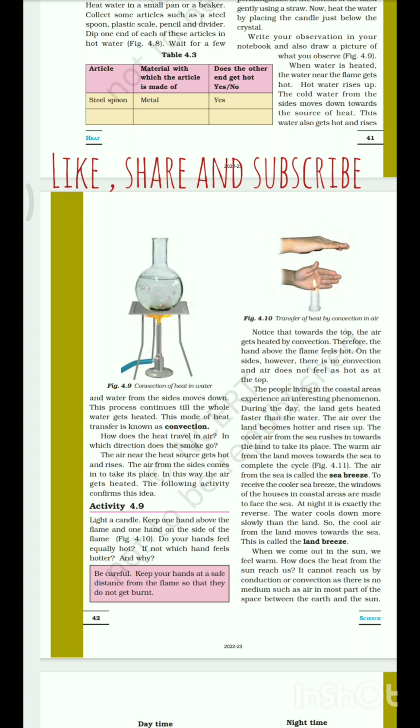The warm air from the land moves toward the sea to complete the cycle. The air from the sea is called sea breeze. To receive the cooler sea breeze, the windows of the houses in coastal areas are made to face the sea.